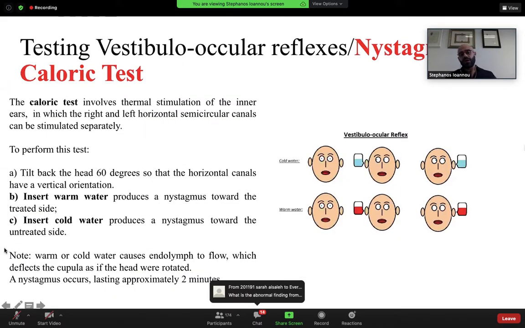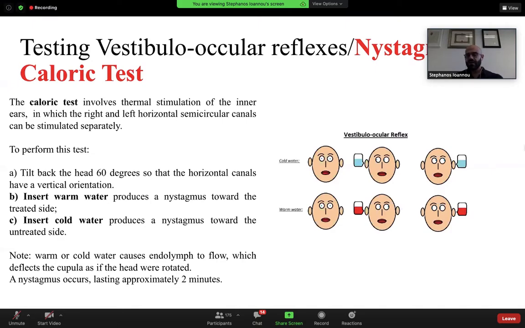Now, the caloric test is something quite fascinating, because while we perform it, we see something quite peculiar going on. The reason we see this phenomenon is because the endolymph in the semicircular canals behaves in a specific way.